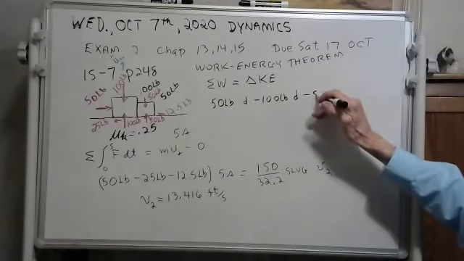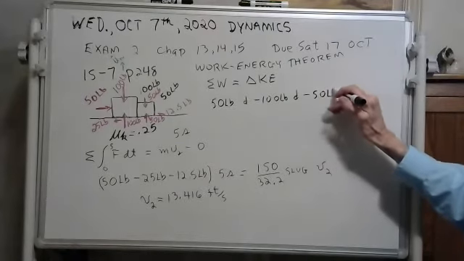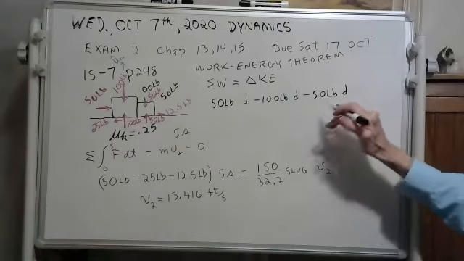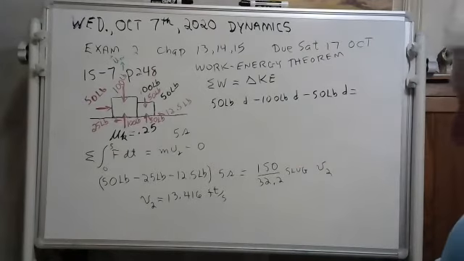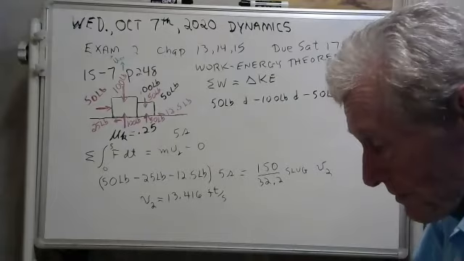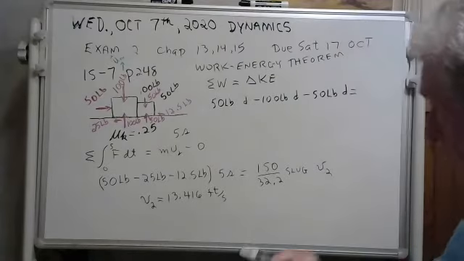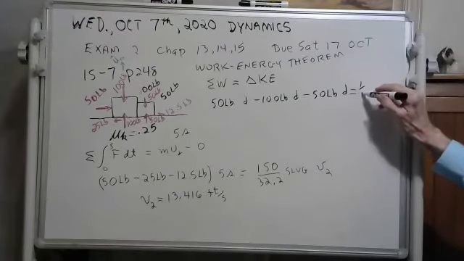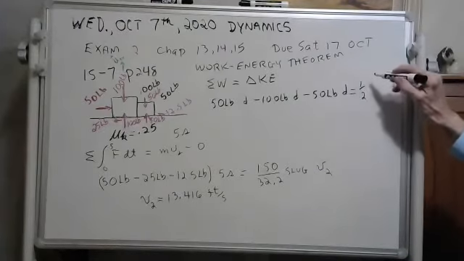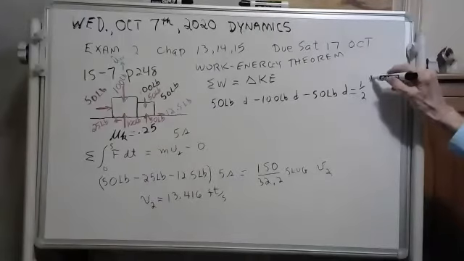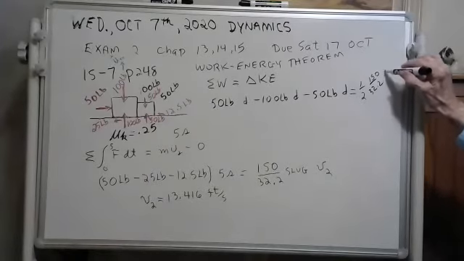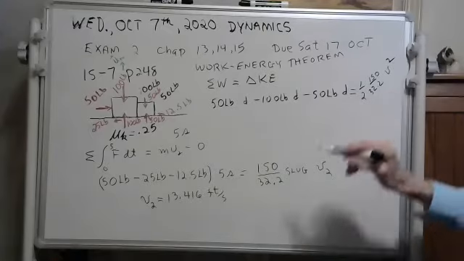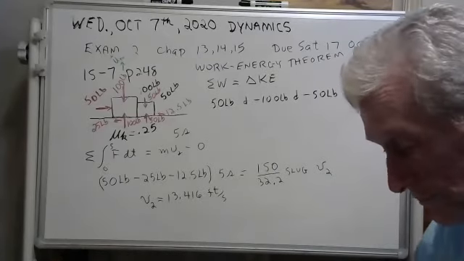And then there's the 50 pounds times the distance you travel. It does negative work. And that's equal to the final minus the initial kinetic energy. It's equal to 1/2 the 150 over 32.2 V squared. Now here's the problem.